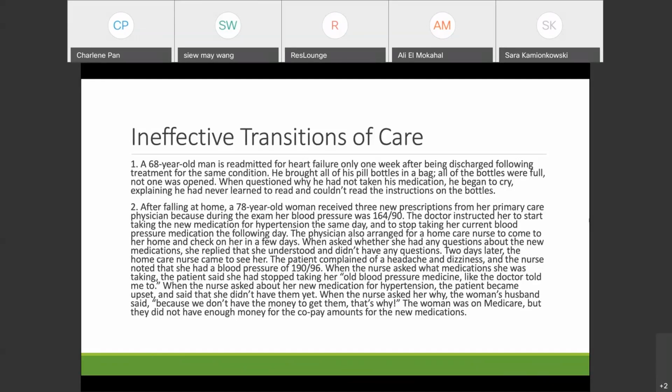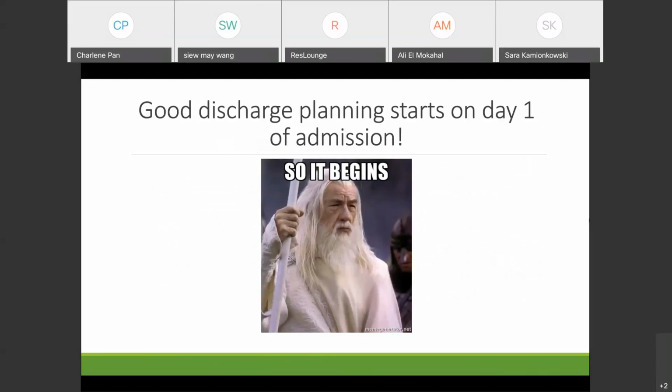Okay, so good discharge planning starts as soon as they come to the hospital. Not only are you working on whatever medical problem brought them here, you have to maybe identify things that will keep them out of the hospital.